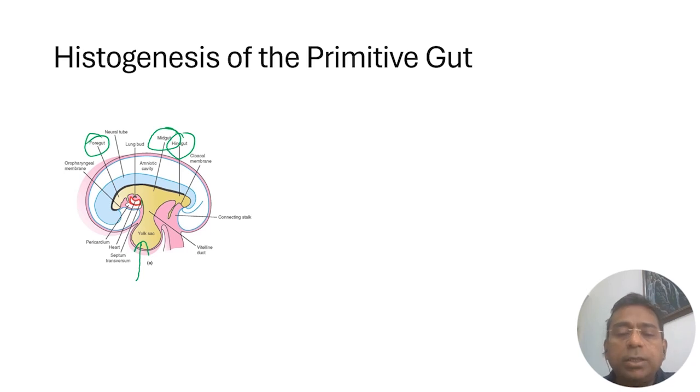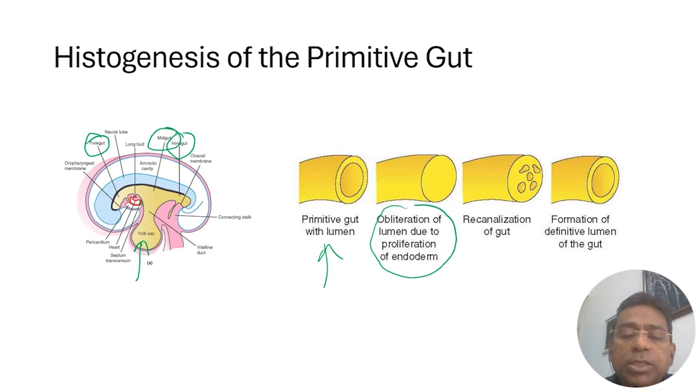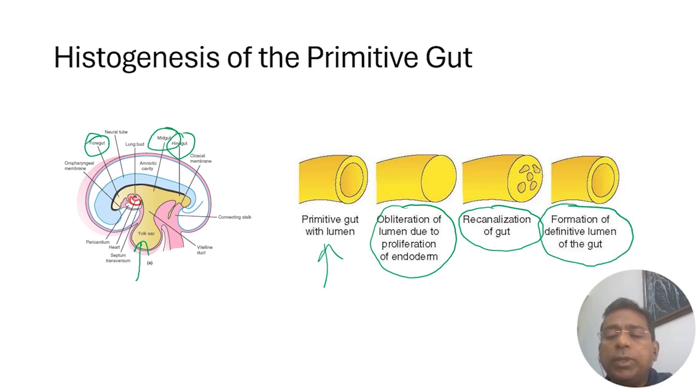So this endoderm will proliferate. Initially the primitive gut is hollow. Then there is proliferation of the endodermal cells which makes the gut a solid structure, and then there is recanalization and formation of a definitive lumen in the gut.